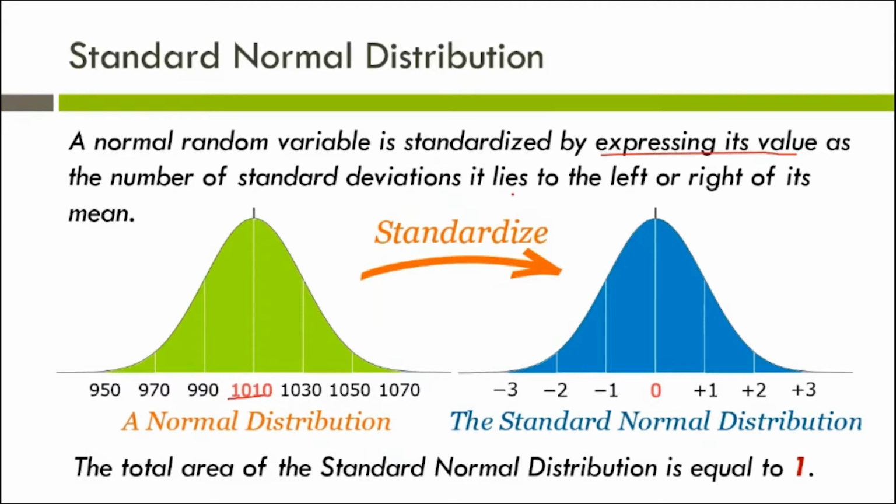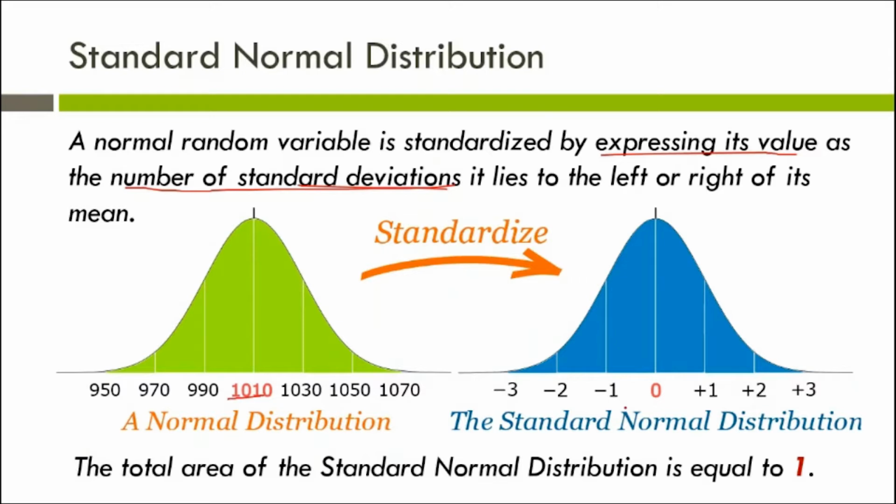So meaning, if we standardize these values, 950, 970, 990, in standardizing these values, we are actually calculating how far away these are from our mean. This is the number of standard deviations these values are away from the mean.